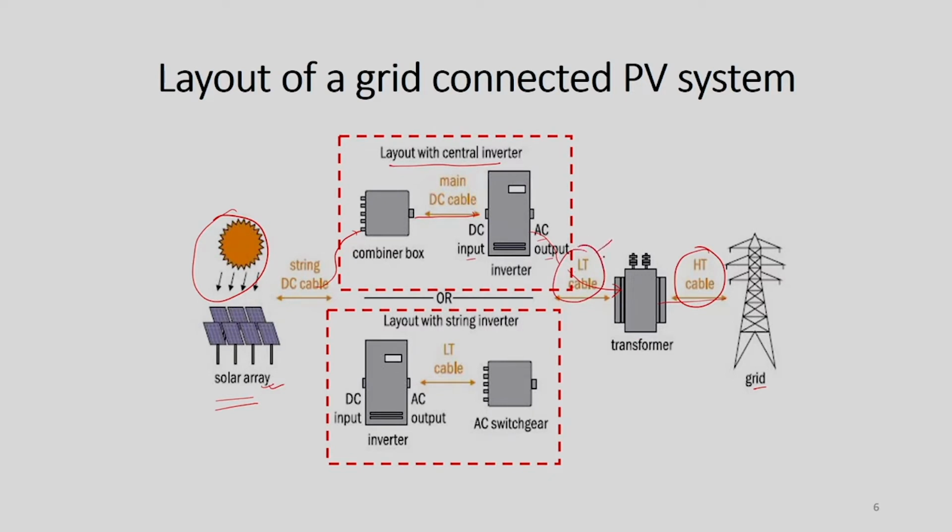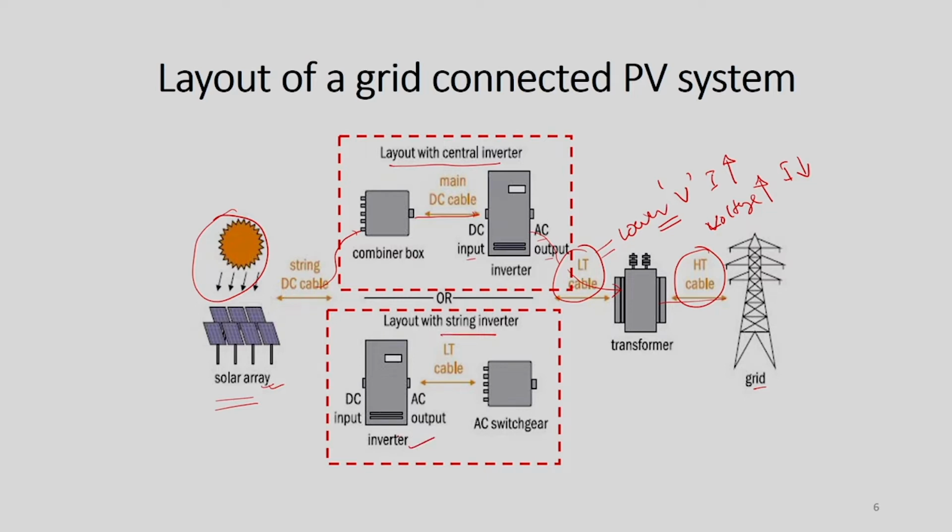Low tension means lower voltage, and the current is high. In the case of high tension cable, the voltage is high, but the current is low. And sometimes other inverters are also used, maybe string inverters.